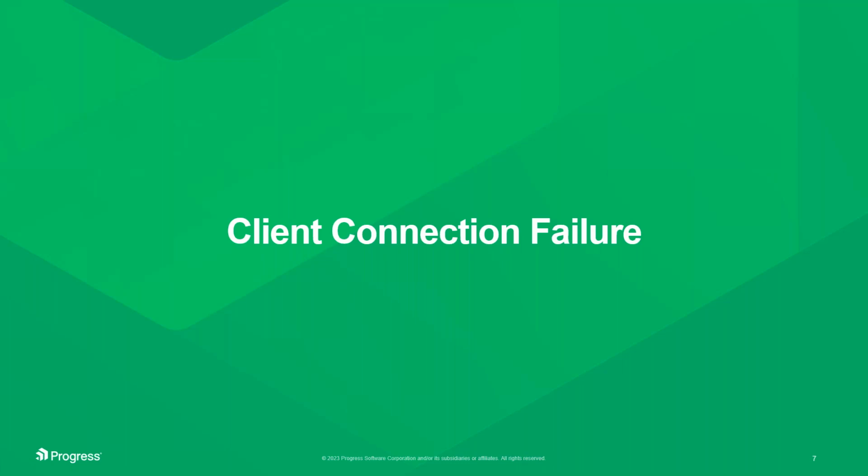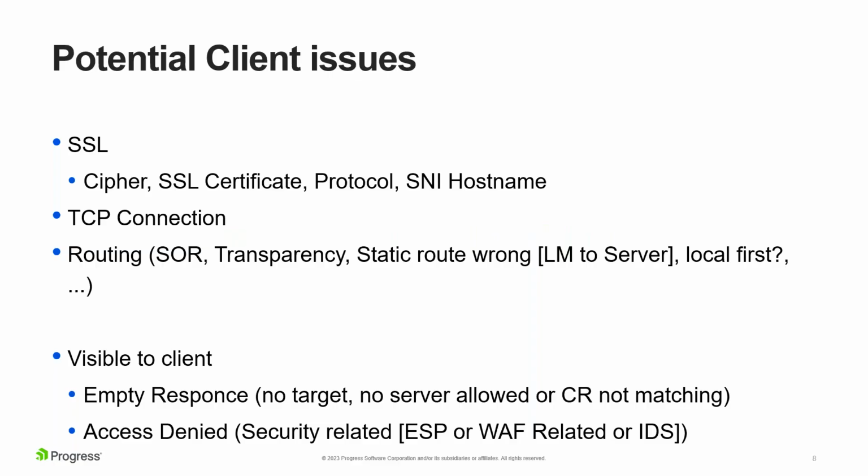So what kind of issues could clients have connecting to a load balancer virtual service? They could have an SSL problem or a routing problem to get to the service in the first place, right? So SSL problem, they come with a cipher that we don't, or we offer ciphers they don't want to work with, or we offer a client certificate they don't like to work with.